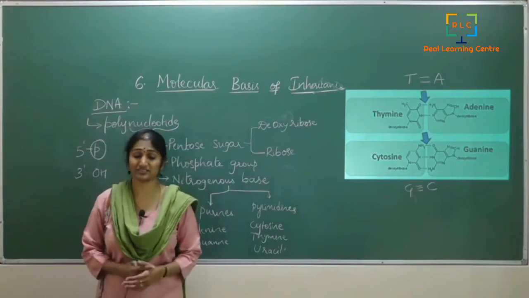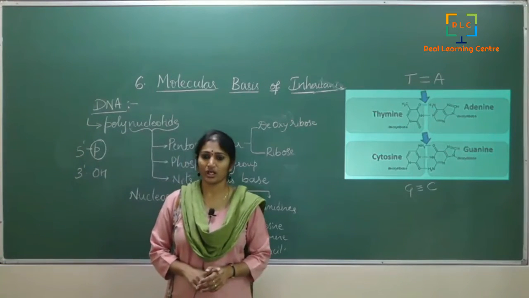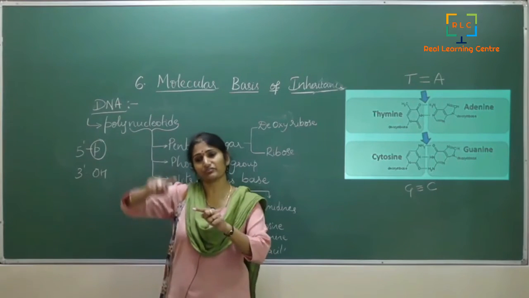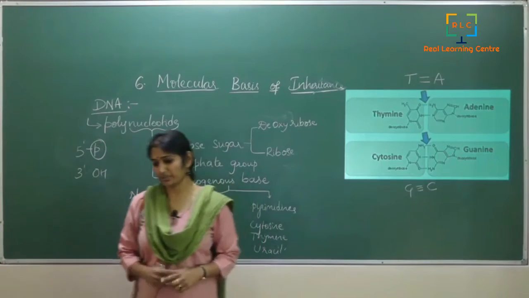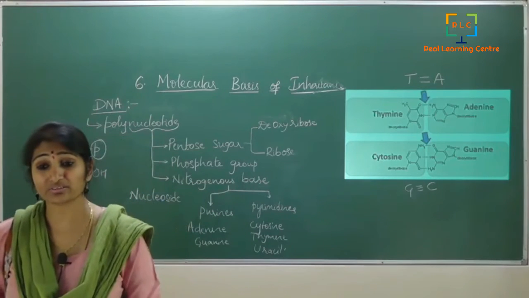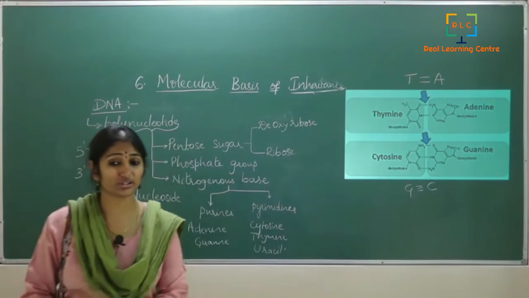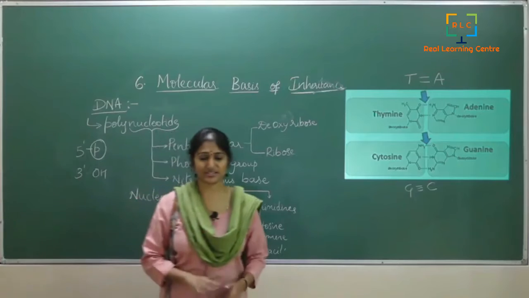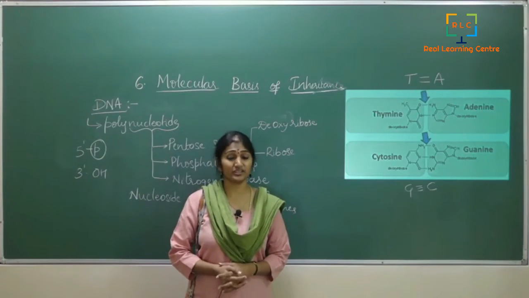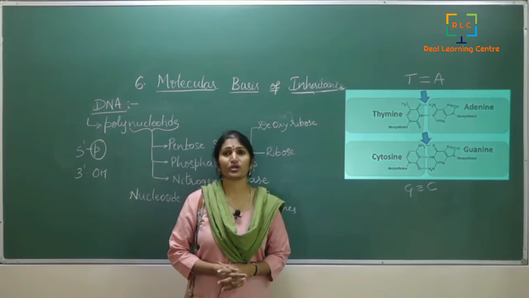That double helix is not formed. However, many times the RNA can form a loop on itself and give rise to a hairpin structure and all that. But whatever said and done, RNA is single stranded. DNA is always double stranded.